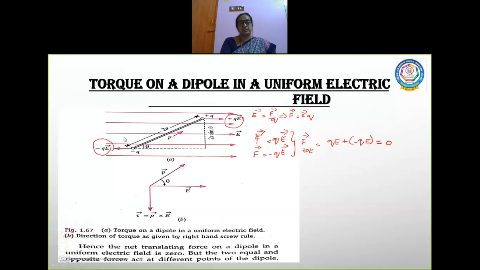So two forces are acting at different points. So when two forces are acting at different points, what happens here? They constitute what is called a couple. Now as far as this dipole is concerned, the dipole will experience a torque. Torque is nothing but turning effect of a body.